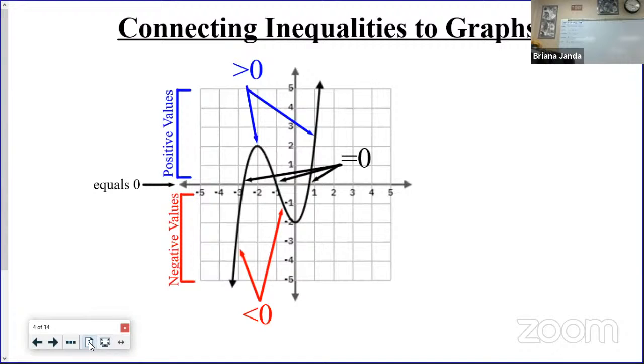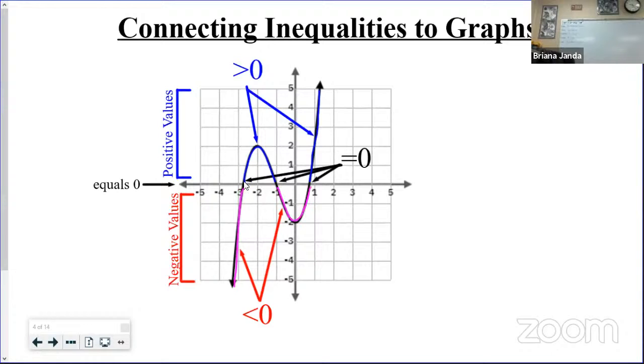Anytime that our polynomial was above our x-axis, which is what happened in this area and this area, that means that we are looking at positive values for our polynomial. Had I plugged something in, I would have gotten a positive number as an answer in those sections. But if it was below my x-axis, all of the values are negative numbers. These are all negative answers.